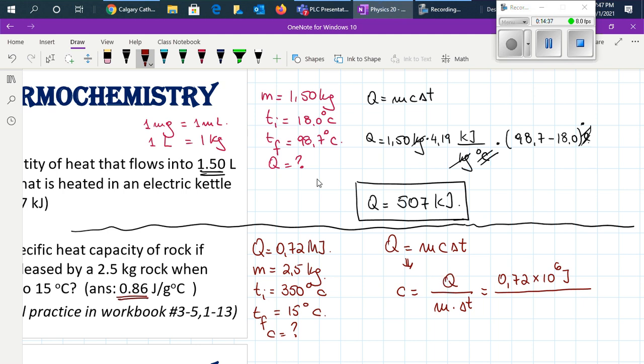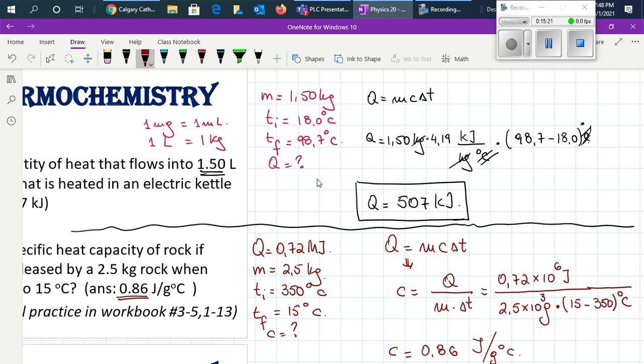Let's convert it into grams since we are dealing with joules here. So it will be 2.5 times 10 to the power of 3 grams, times the change in temperature, final minus initial, so 15 minus 350 degrees Celsius. And what do we have here as the correct answer? You enter it in your calculator, and the answer to the correct number of significant digits is 0.86 joules per gram degree Celsius.